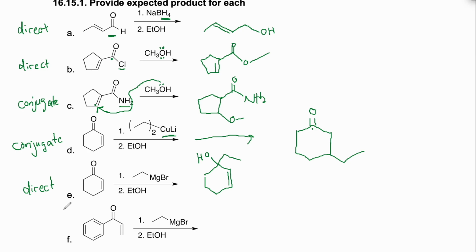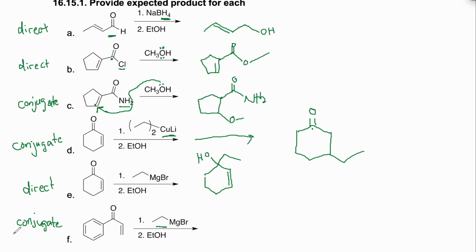Your textbook does have an example where there's an alpha beta unsaturated ketone attached to a benzene ring, and they say that it's more hindered. The example in your textbook actually also has a larger Grignard, so theirs probably would do more conjugate addition, but just a little example of things to look for if you have a conjugate addition of a Grignard.